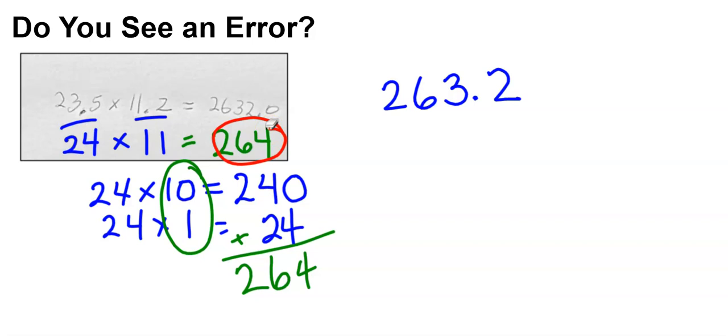So this student had a misunderstanding of where the decimal went. Of course, even if I had a 0 here, it's still 263 2/10, or I could read that as 263 20/100.